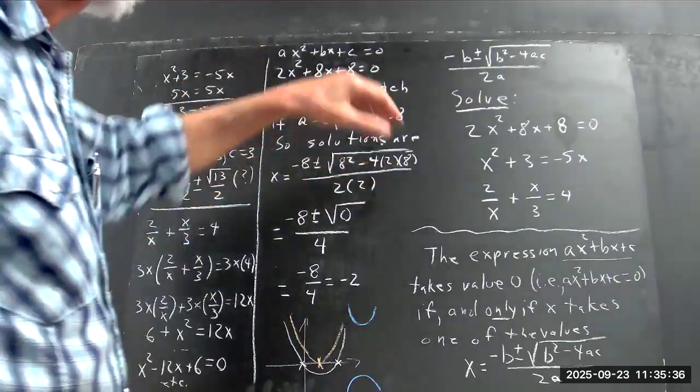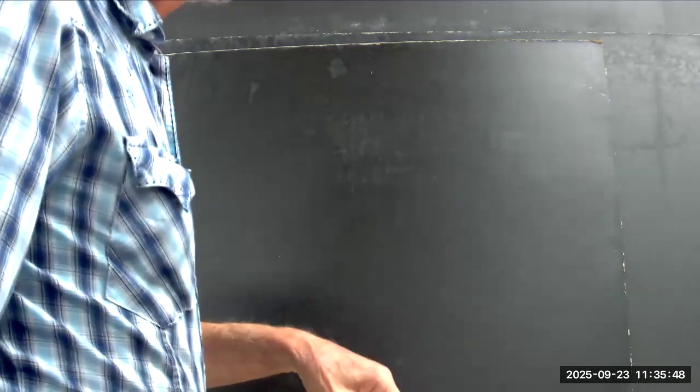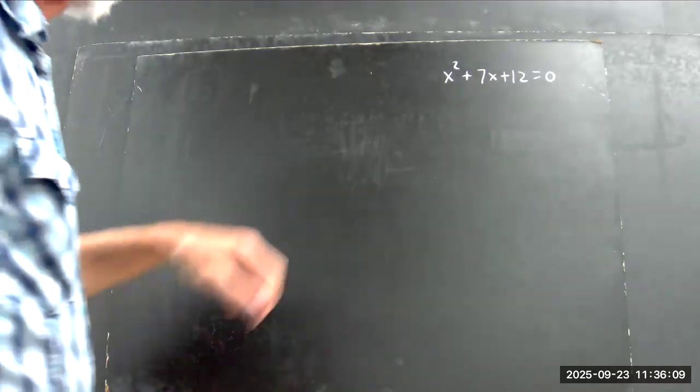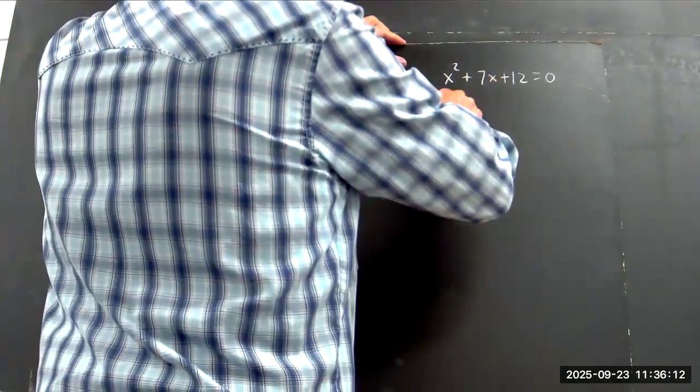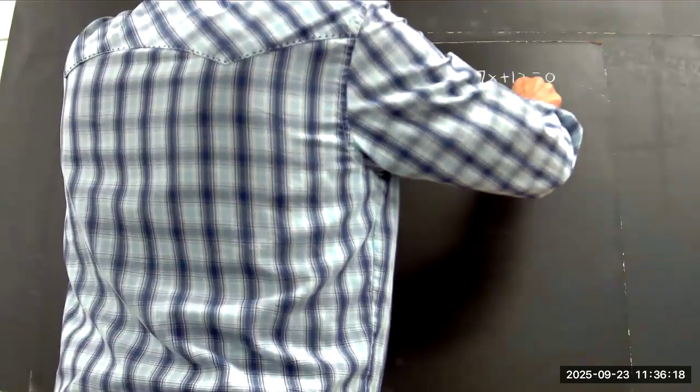But I guess I will talk just a little bit about factoring. If, for example, I have the equation x squared plus 7x plus 12 equals 0, then I can write x squared plus 7x plus 12 as x plus 4 multiplied by x plus 3.